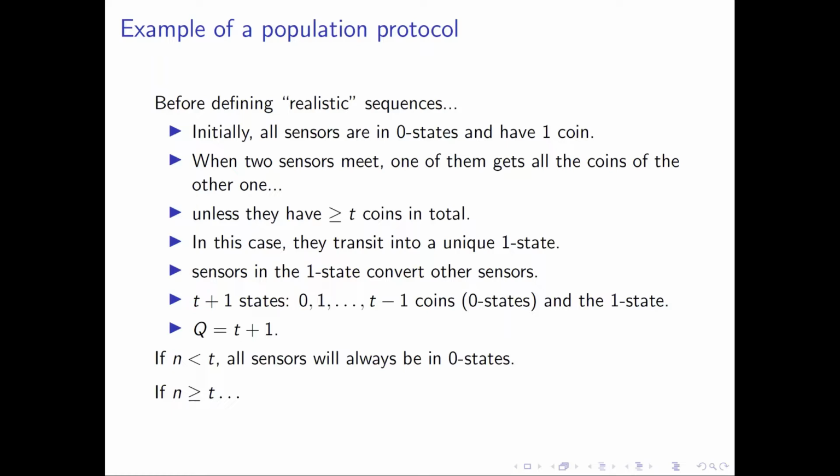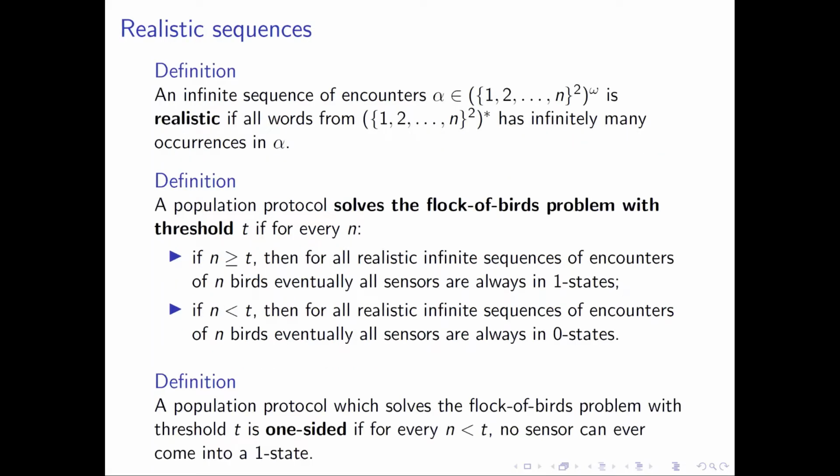But okay, if n is at least T, we have to... I will return to this argument later in this video. So it's a good point to at least give a definition. What is a realistic sequence of encounters? Formally, it's just an infinite sequence over the alphabet of all possible pairs of birds, if there are n birds.